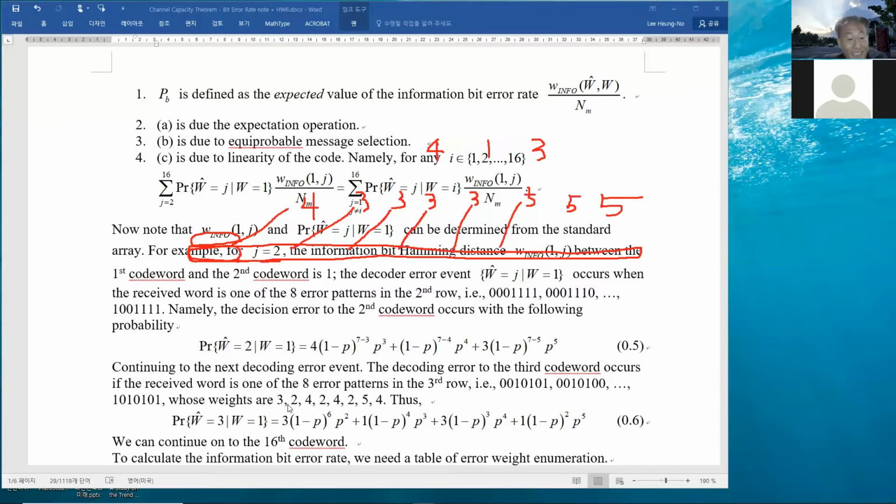That means there are 3 2-bit flip errors and a single 3-bit flip error, and then 3 of them, 3-4-bit flip errors, and a single 5-bit flip error. Okay, so we have to add them up. That will be the probability of this error event. We can continue on to the 16th code word.